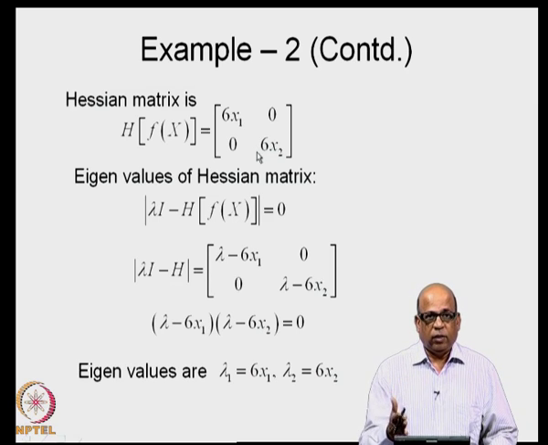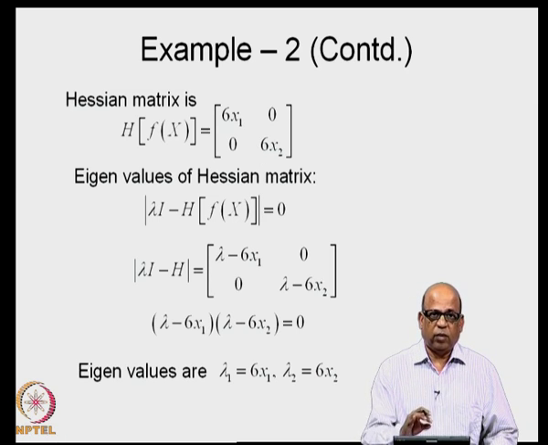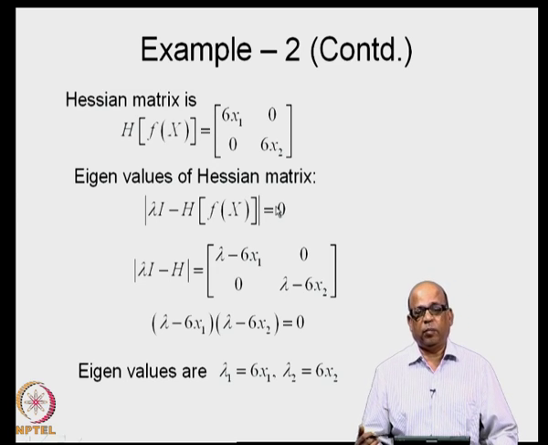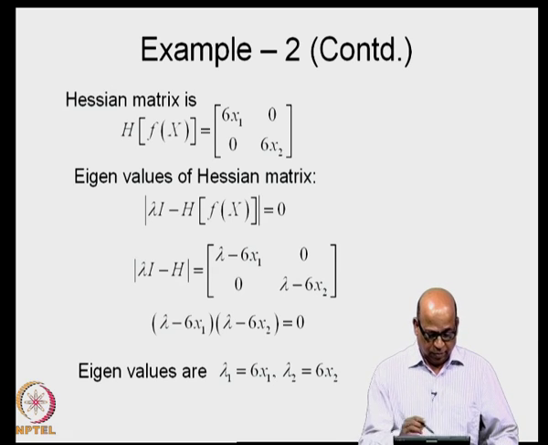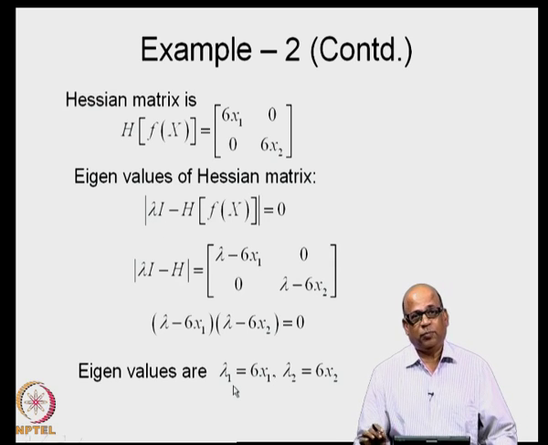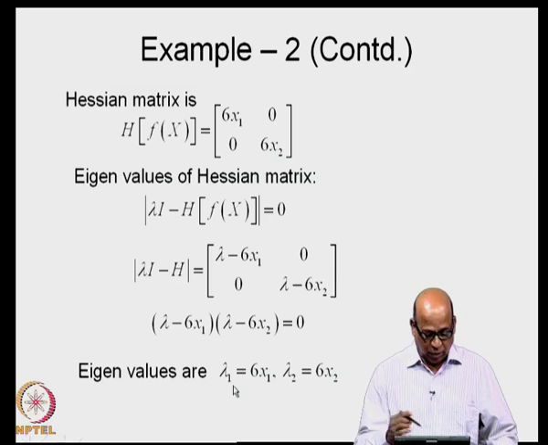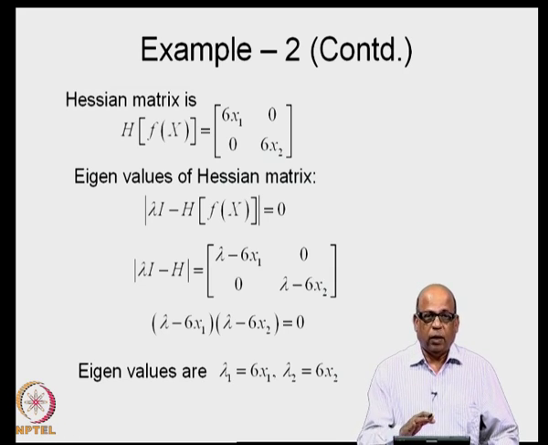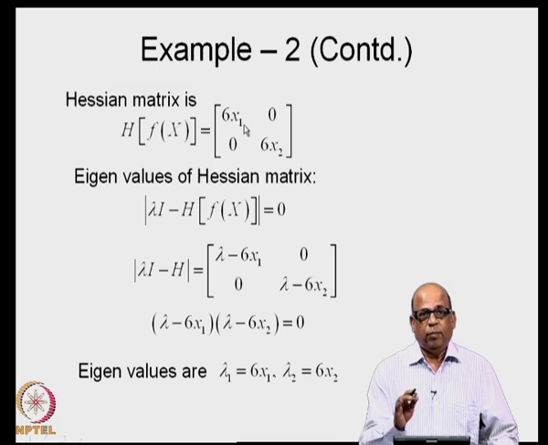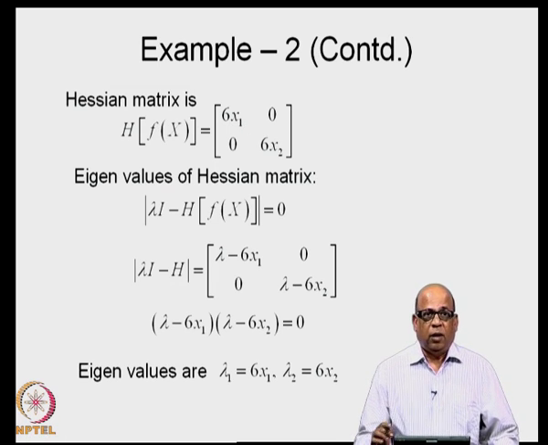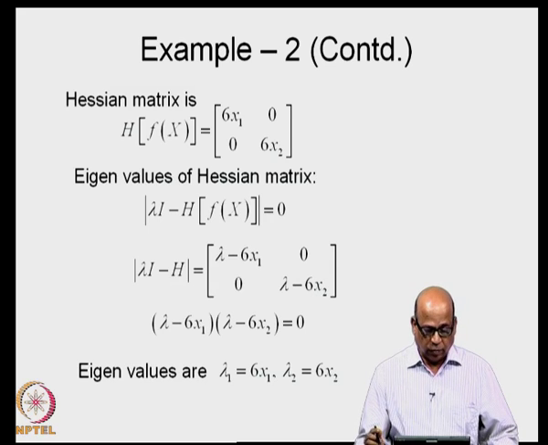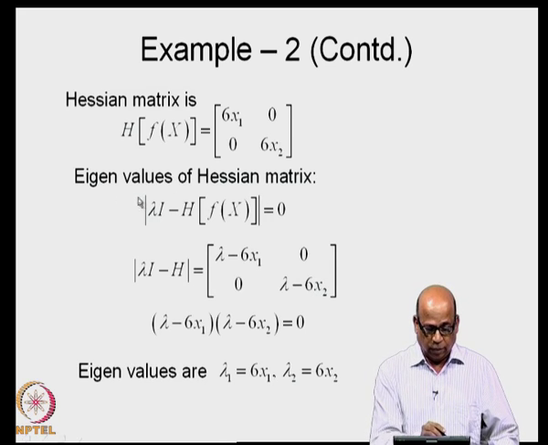Either you evaluate the Hessian matrix at each of the stationary points and then obtain the eigenvalues. We will introduce the Lagrange multipliers presently in this course, which are also denoted by lambda, but the eigenvalues we determine based on the Hessian matrix and then substitute the values of x1 and x2. So, that is what we will do here.